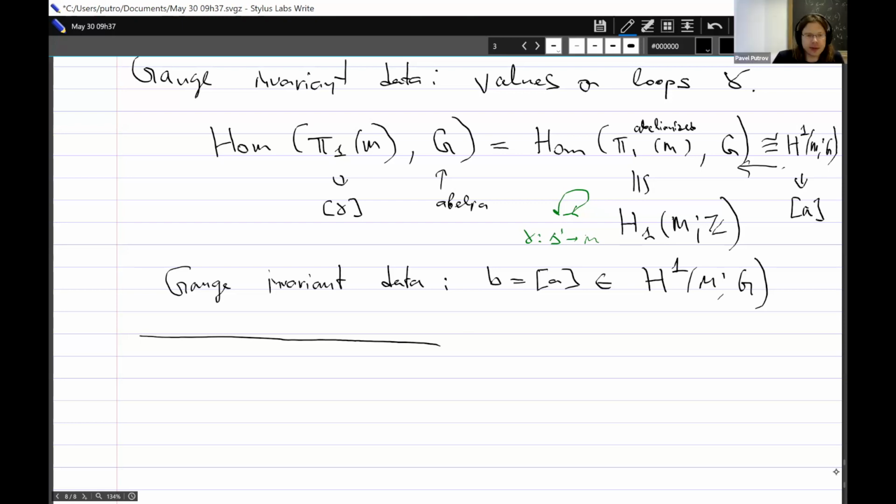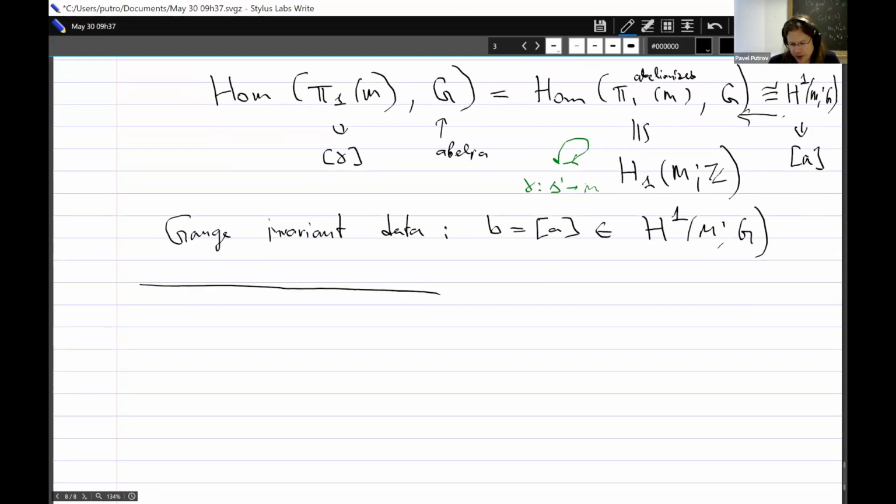So now we can, in a sense, just say that our fields will be cohomology classes.